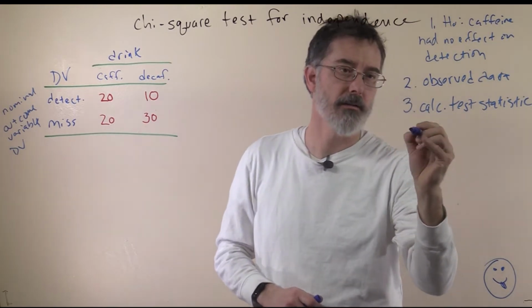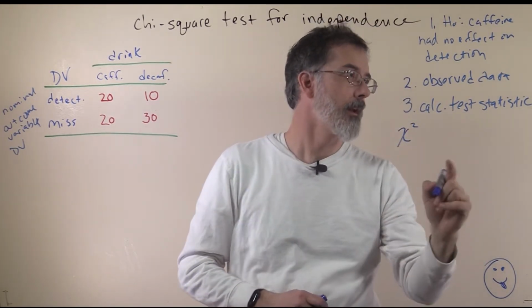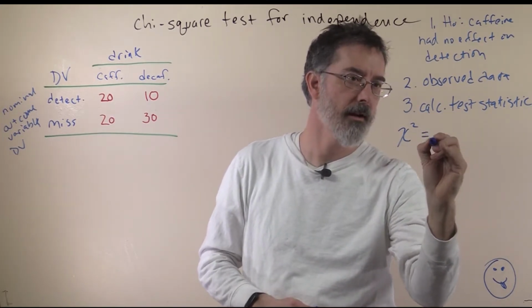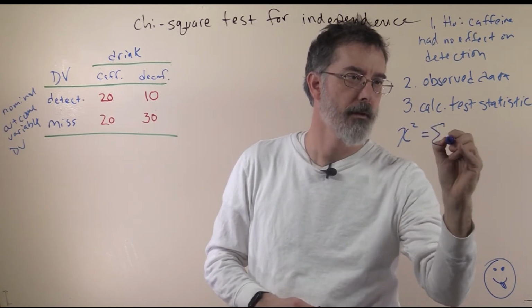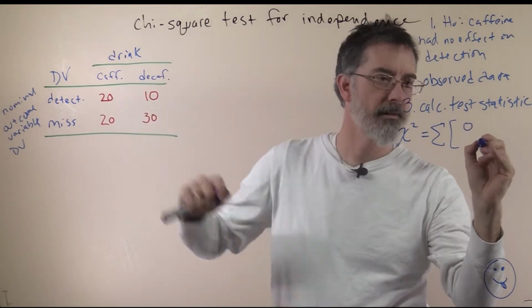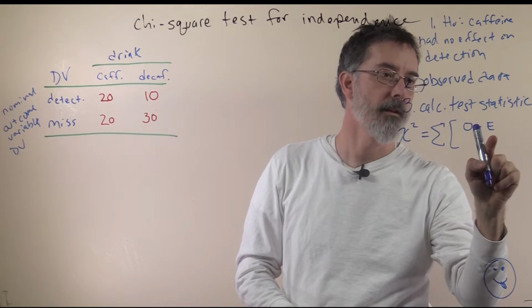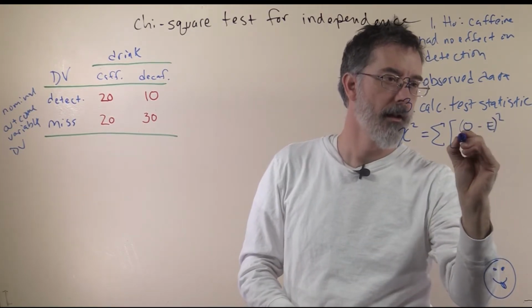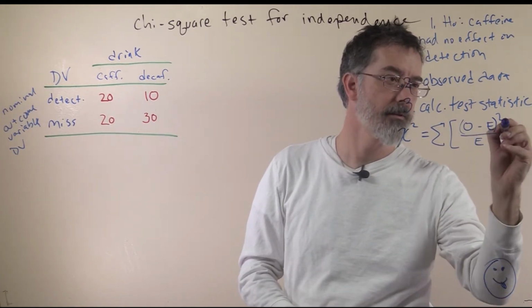In this case, it's called a chi-square statistic. And I'll put its formula in here now, although we're not actually going to plug stuff into it yet. So it's the sum of our observed data minus the expected data, if the null hypothesis is true, squared, divided by what we expected if the null hypothesis is true.